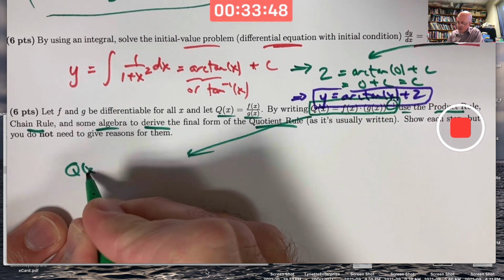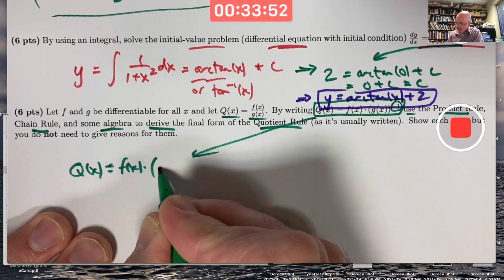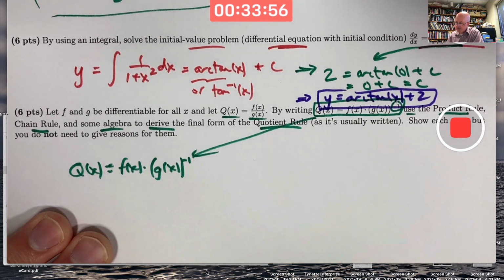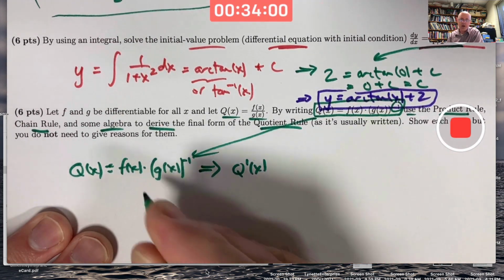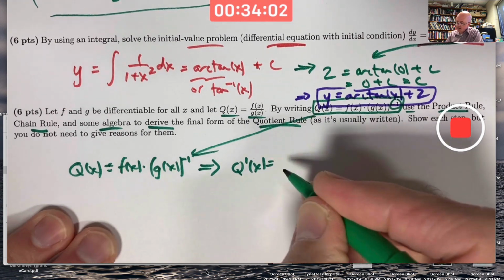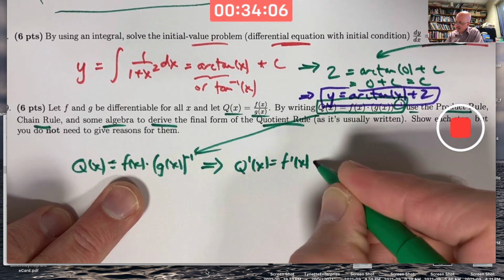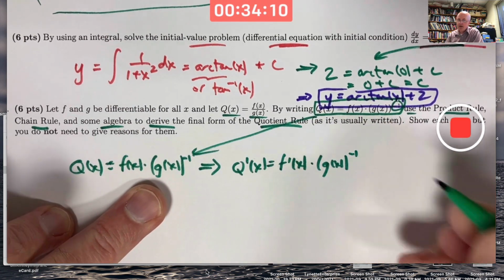So q of x, let me rewrite it here, is f of x times g of x to the -1 power. That is the same as f of x divided by g of x. So at the most fundamental level, when I write it this way, it's a product. I need the product rule. First function's f of x. Its derivative is f prime of x. Second function is just g of x to the -1 power.